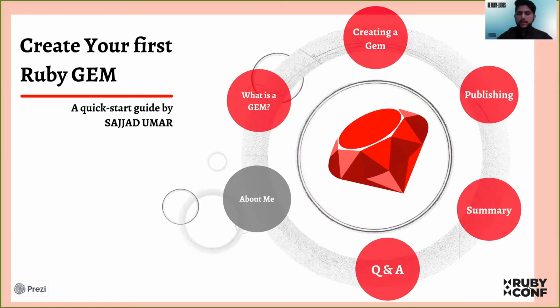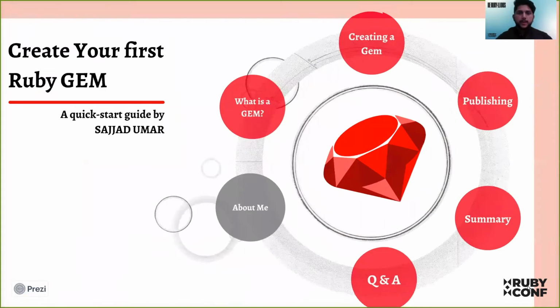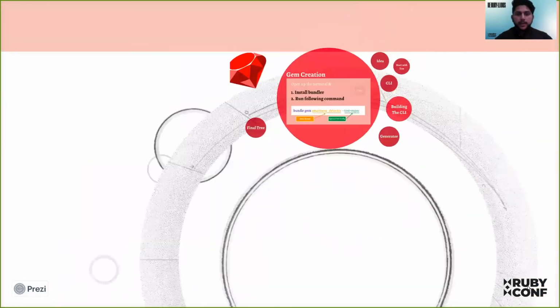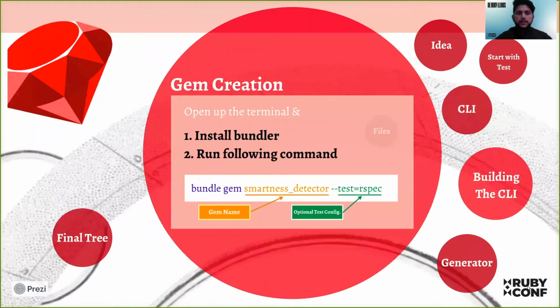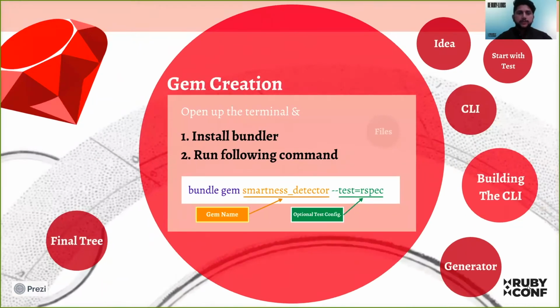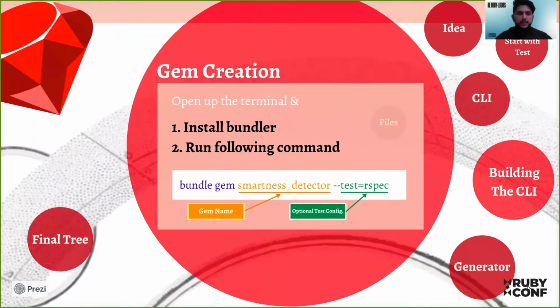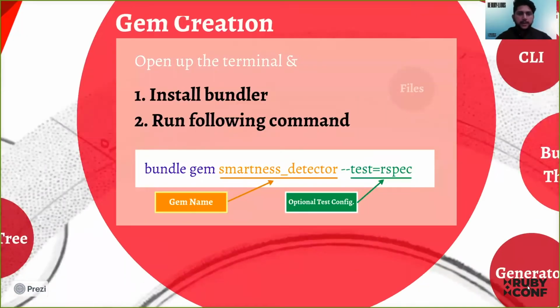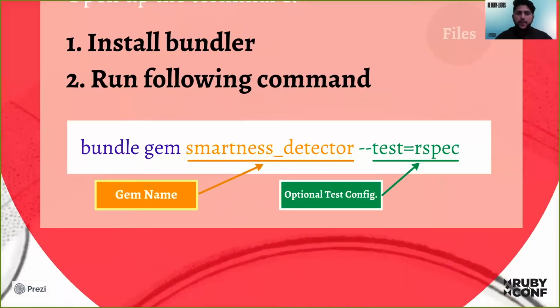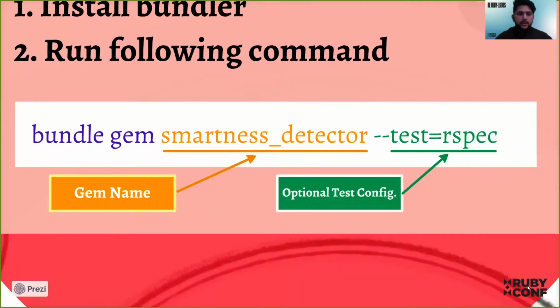Let's start implementing. To implement, I'll be using Bundler. To install Bundler, you just have to write gem install bundler on your terminal and it will be installed. After that, we have to write this command. This command has basically three sections. First is bundle gem, then the gem name, and there is an optional argument for what test suite you are going to use.